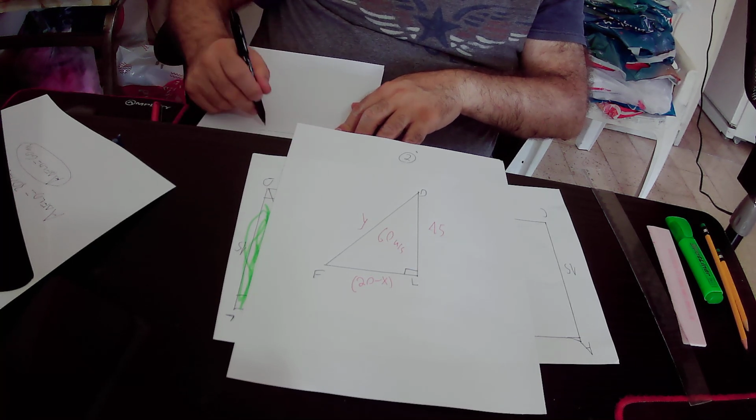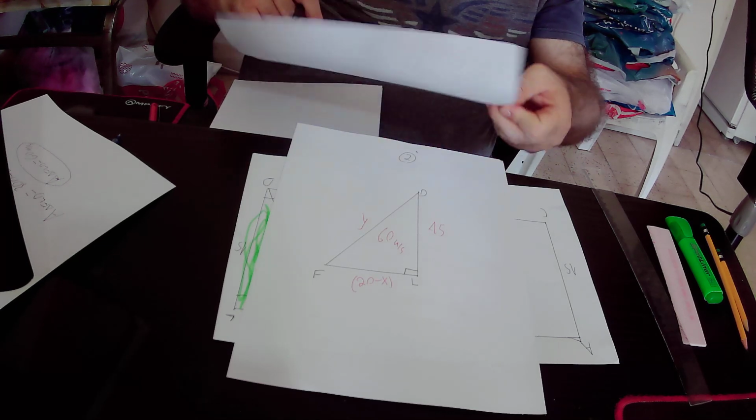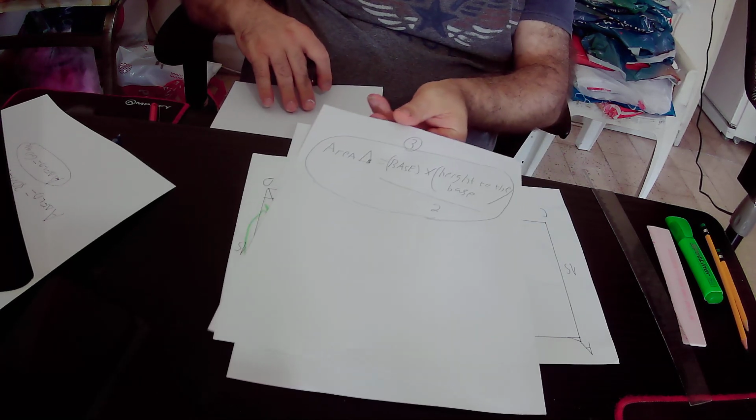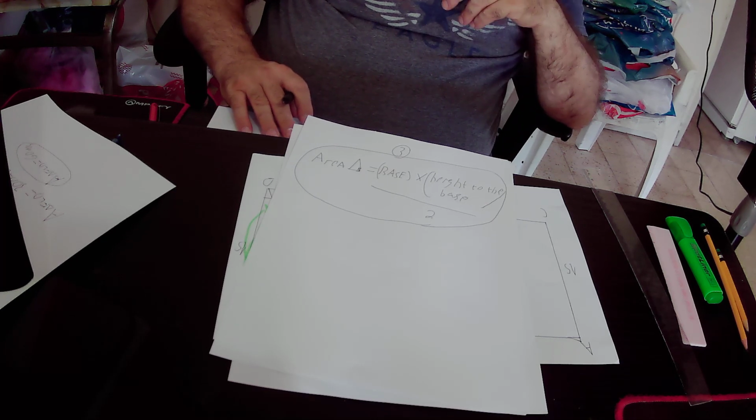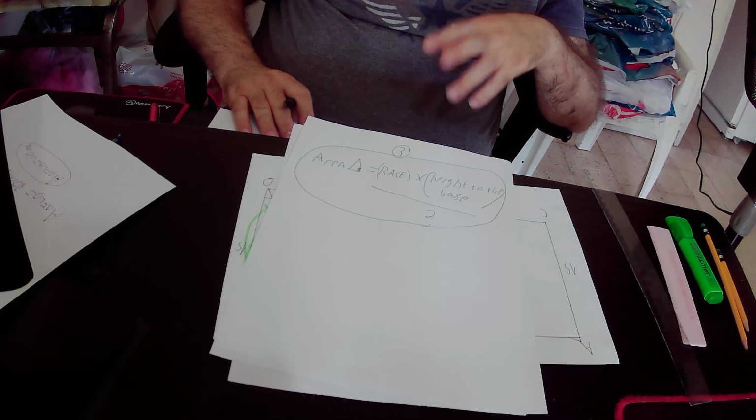Again, the formula for the area of any triangle in the world equals the base times the height to the base divided by 2.